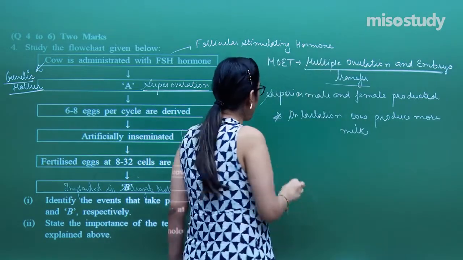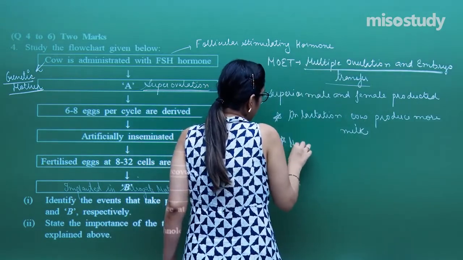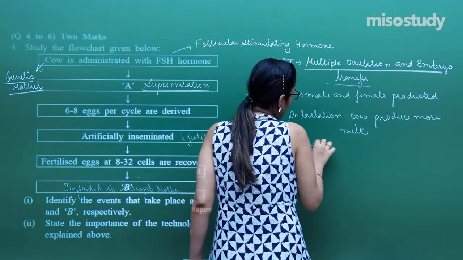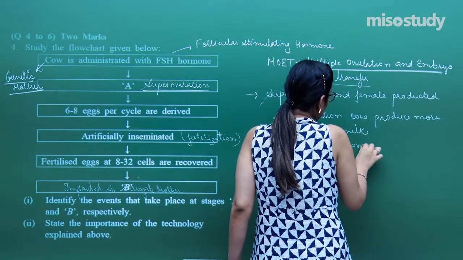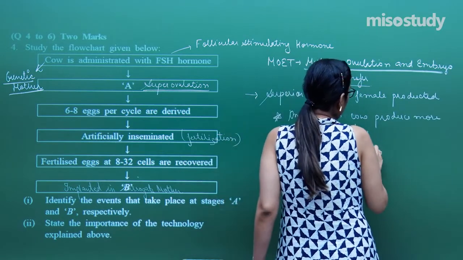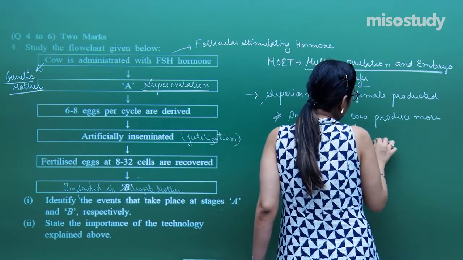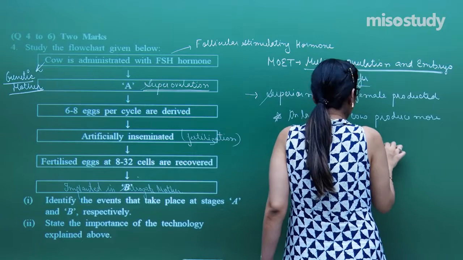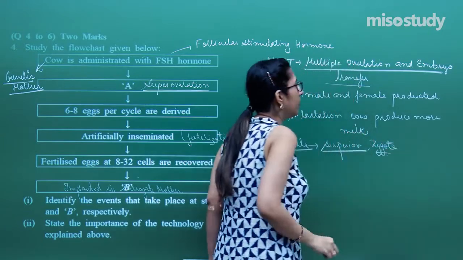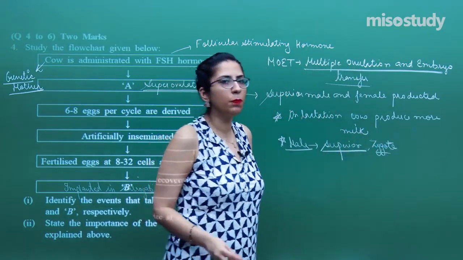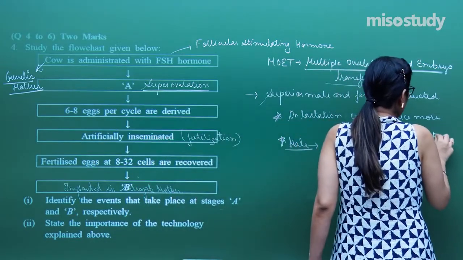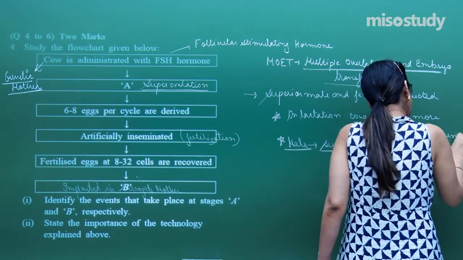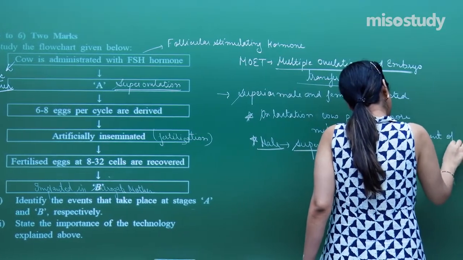Whereas the male is that which can produce a superior next generation or superior zygote. Basically, the involvement is that we have to improve the herd size. So, one of the importance is improvement of herd size.